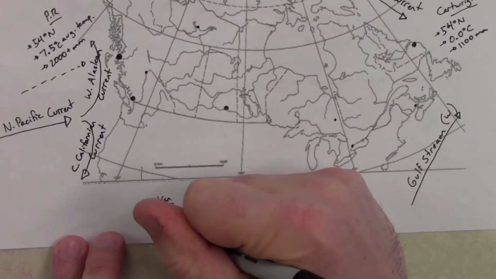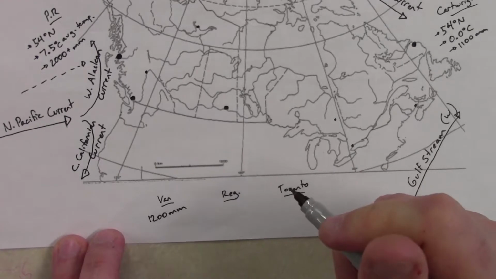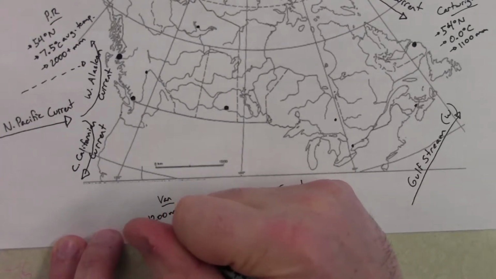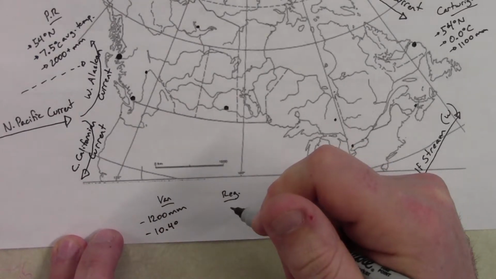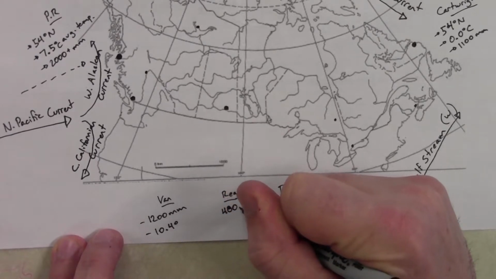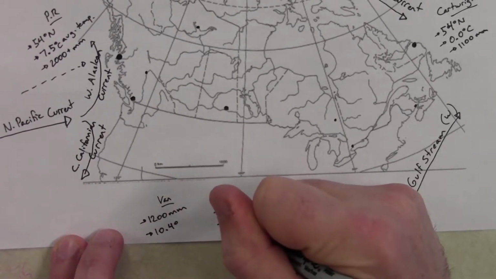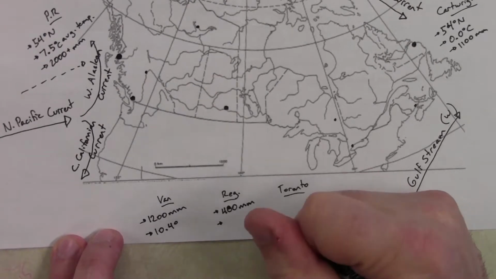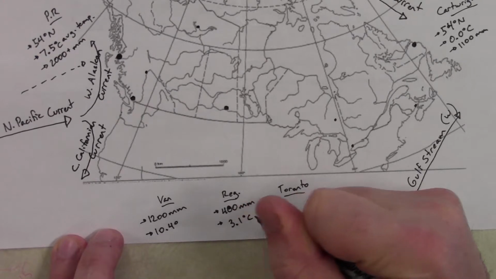So Vancouver has about 1,189 millimeters of rain, and an average temperature in Vancouver of 10.4 degrees. Okay, whereas Regina will have 390 or 400 millimeters of rain, and an average temperature, just so you don't get confused with the negative signs, in Regina of 3.1 degrees Celsius, of course.